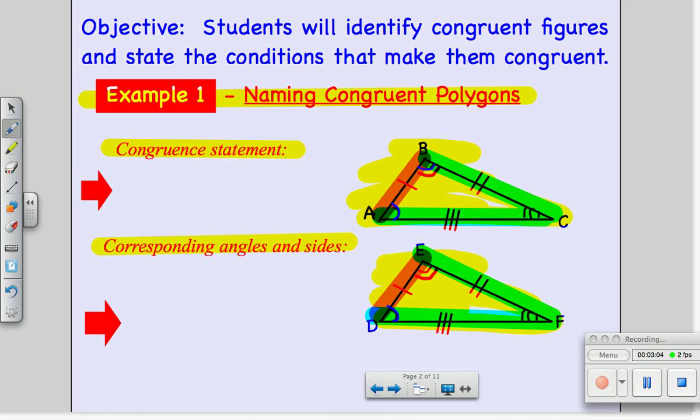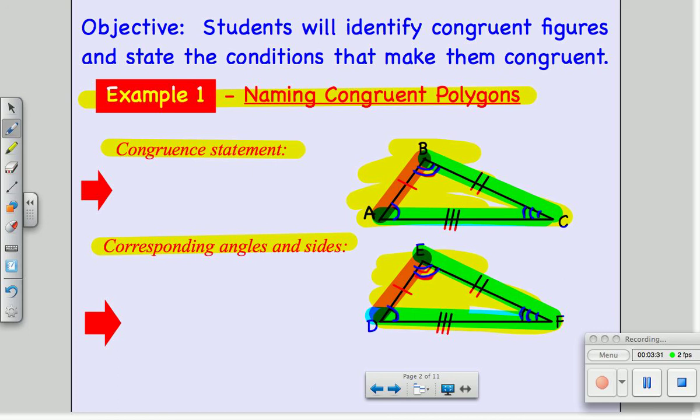Angle B, now I'm using two lines to just show you that it's different from angle A. So this is the second one. And angle B corresponds to angle E here. Those are congruent. And angle C here corresponds to angle F here. Those are congruent. So the corresponding angles and sides are congruent.